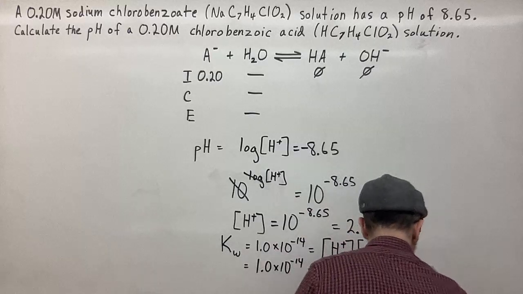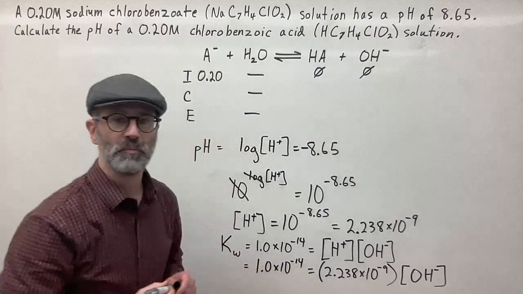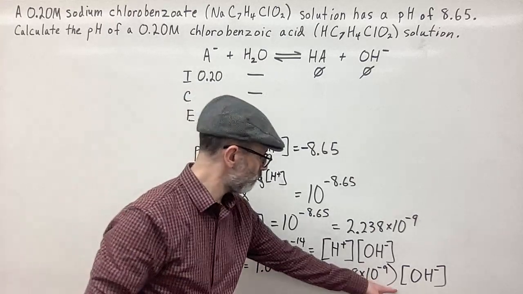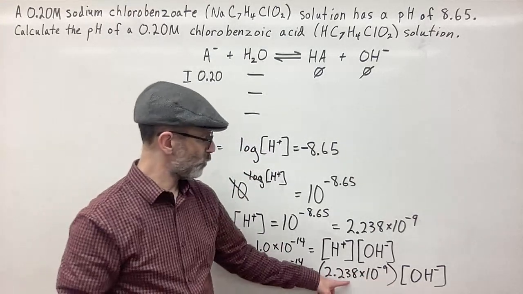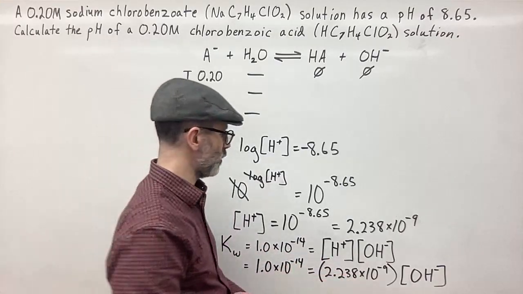So now I can divide both sides by 2.238 times 10 to the negative 9 and get my concentration of OH-.